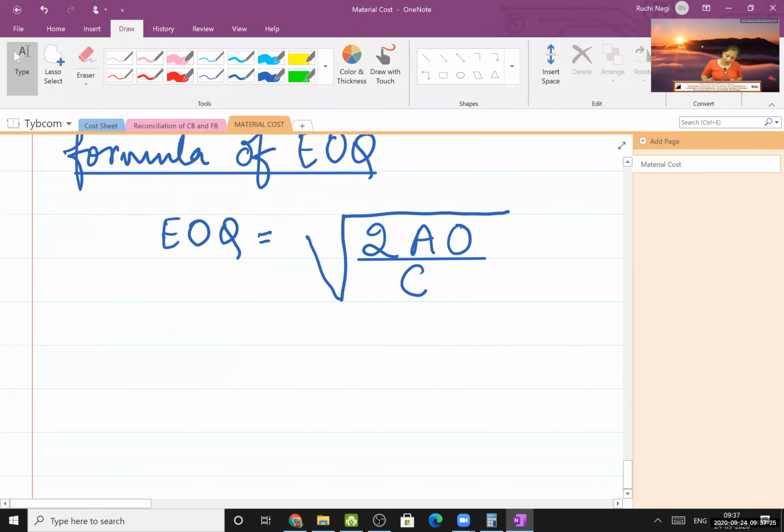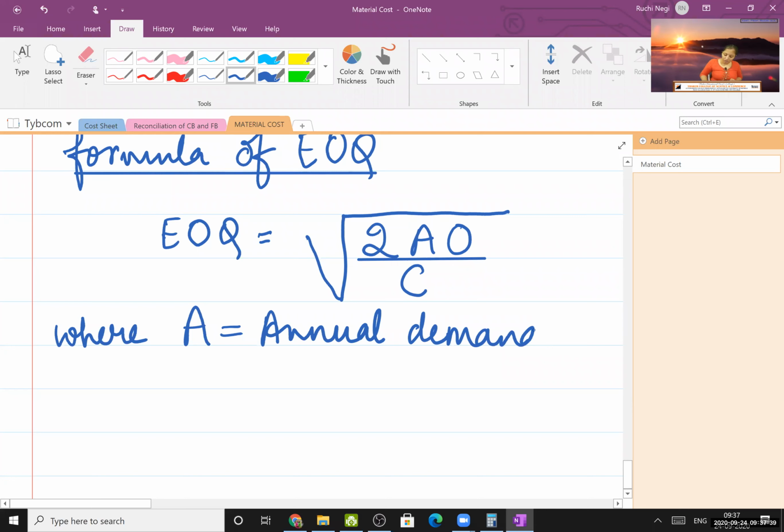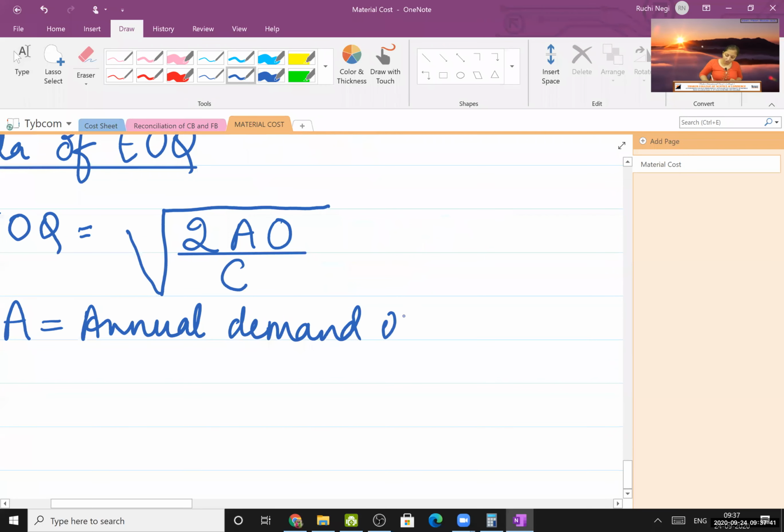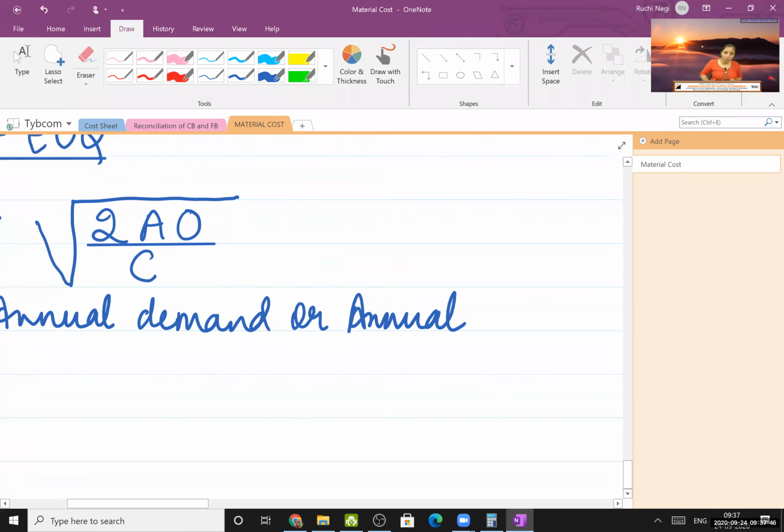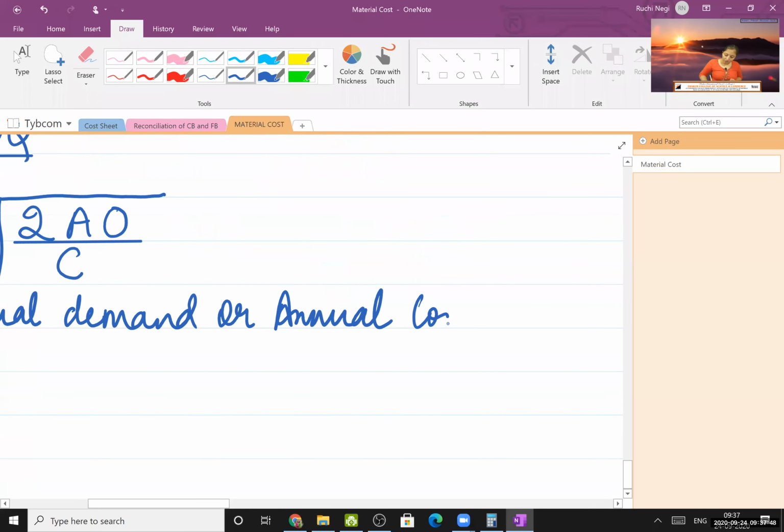You can start giving your attendance in the chat box, okay? Where A नहीं पता ना अभी तक हमको, हमने O और C अभी पढ़ा। A is nothing but annual demand. Annual demand और annual consumption. याद रखना annual होना चाहिए। हाँ, annual consumption of raw material obviously.